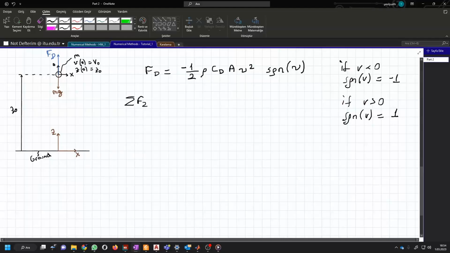Sigma Fz will be equal to m times z double dot, which will also be equal to minus mg plus Fd, according to my sketch here.